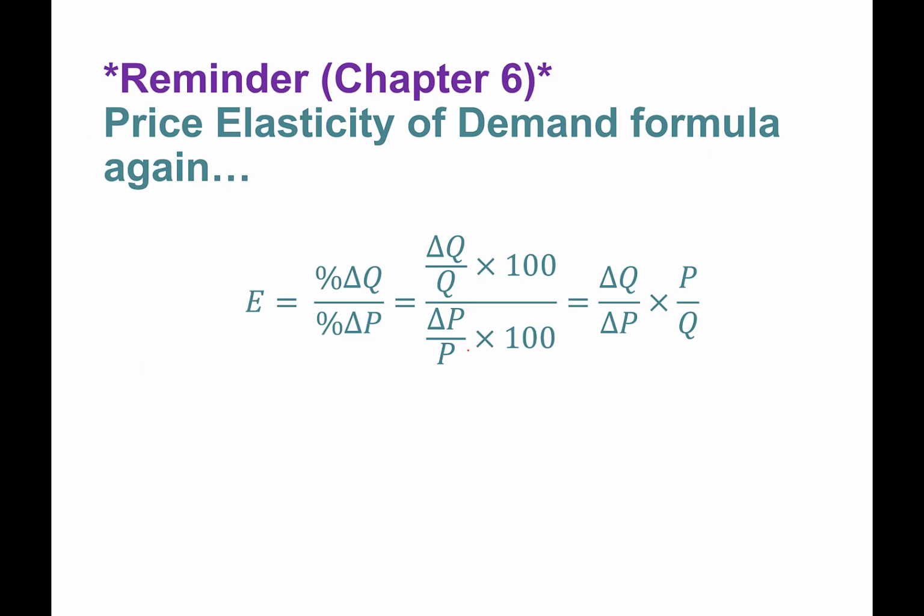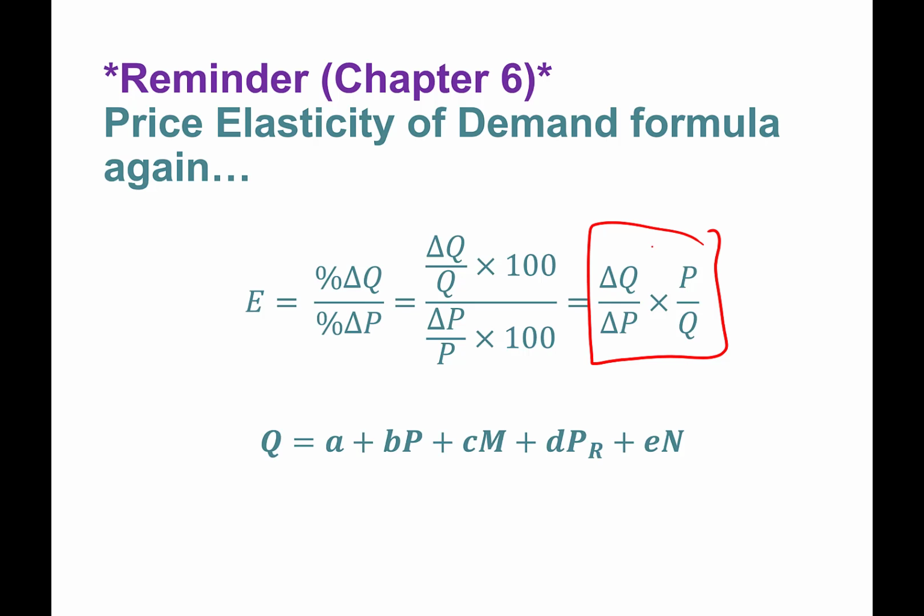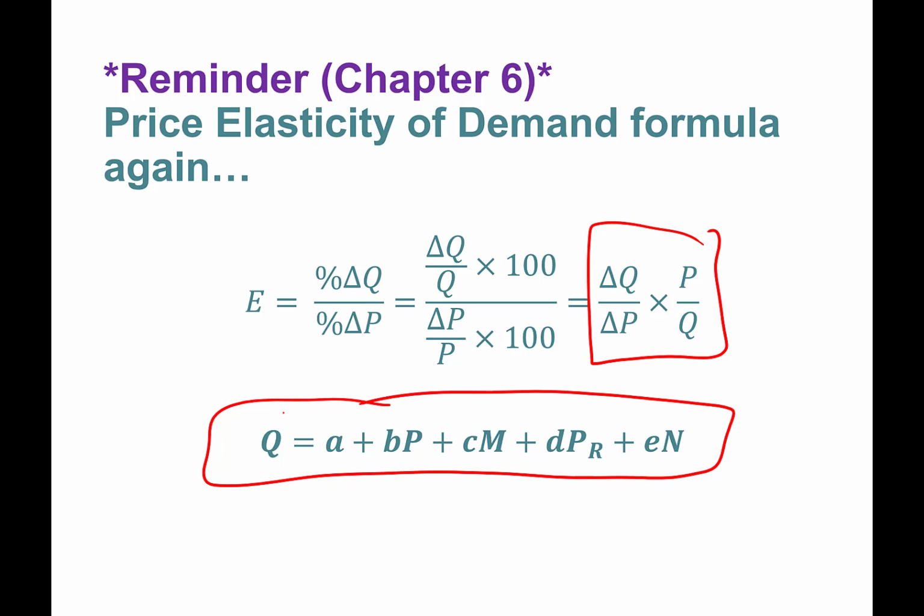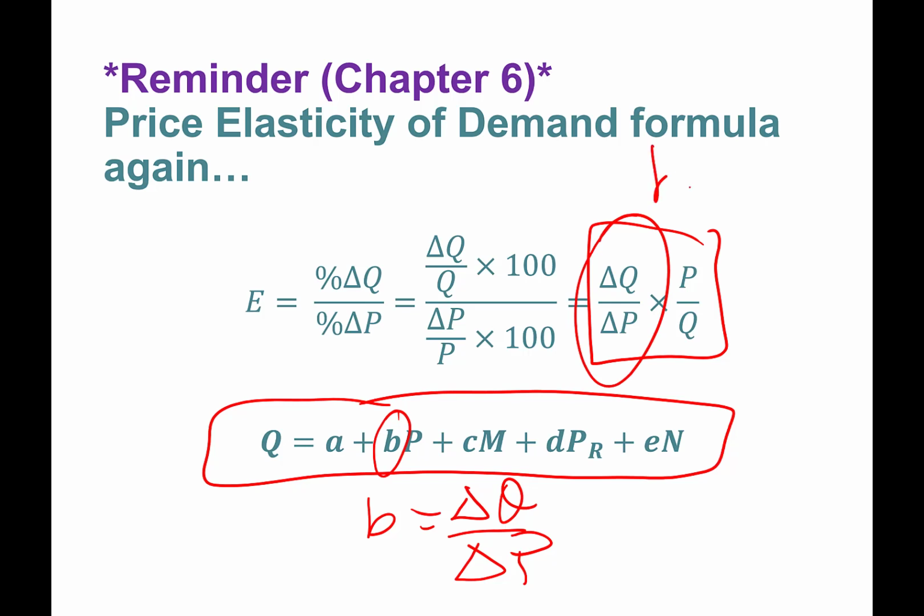Okay, so let's remember this price elasticity of demand formula again, right, delta Q over delta P times P over Q. And we can actually use my estimated demand function. So this B, I know B is equal to delta Q over delta P. So then it's awesome, I can just substitute B hat here, the estimate of that.